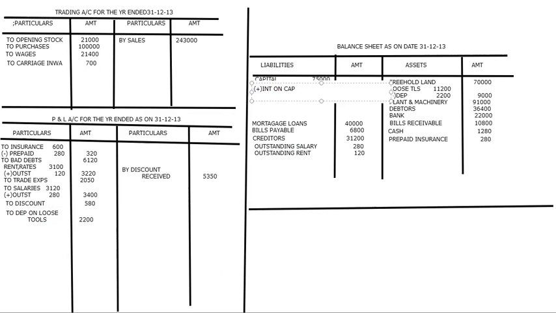Now how I'm going to calculate 75,000 into how much is it? 5%. Now when you calculate 75,000 into 5%, you're going to get 3750.